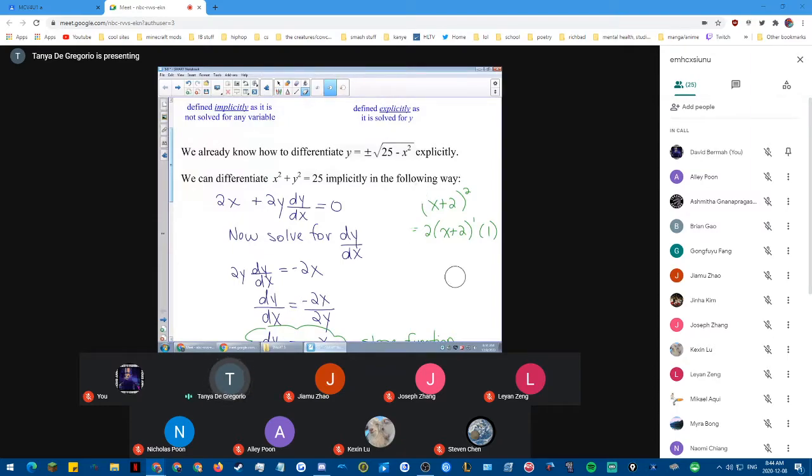Can anyone explain why I need to do that? Because normally when I take a derivative, it's in the form y equals this whole thing. So if I were to take y prime, it's the derivative of this whole thing. And so now I'm including that in my equation. I'm taking the derivative of just your y, your y prime.